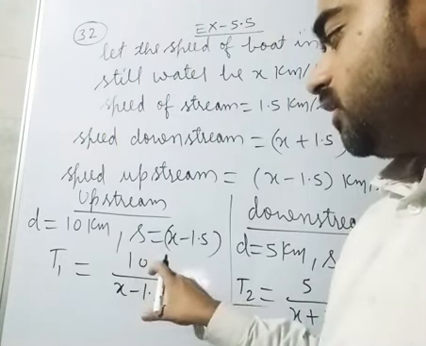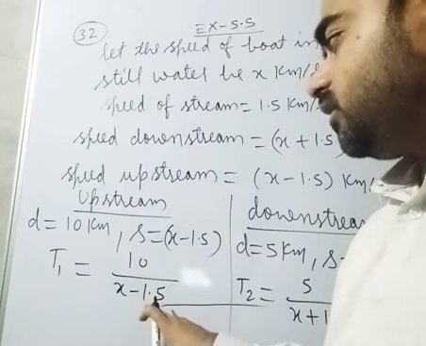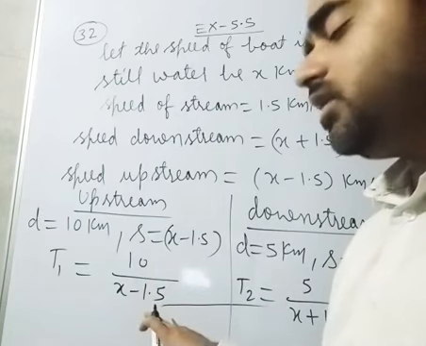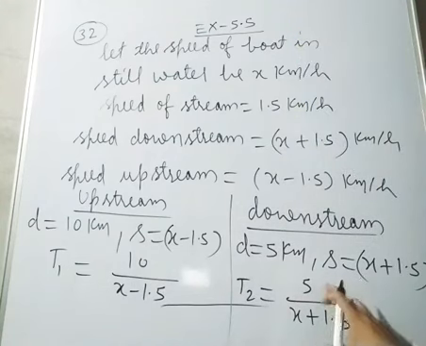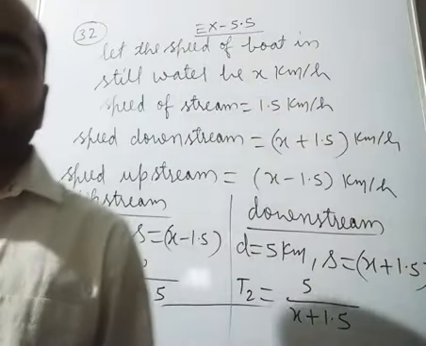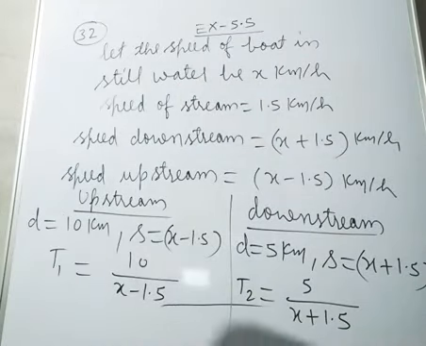For upstream, distance is 10 and speed is x minus 1.5. For downstream, distance is 5 and speed is x plus 1.5. And total time is given, 6 hours. Correct?